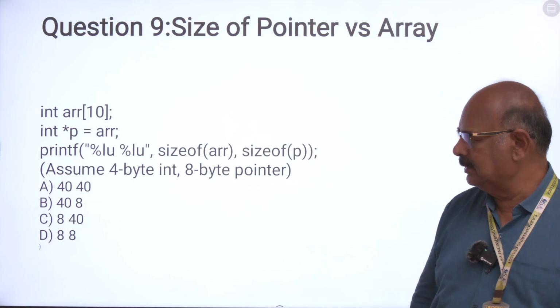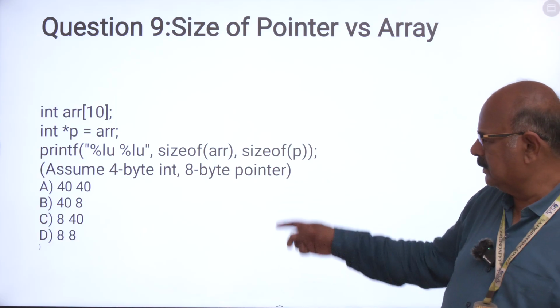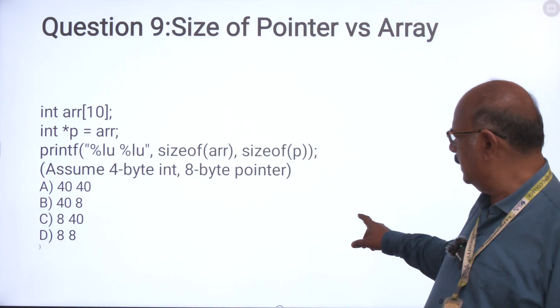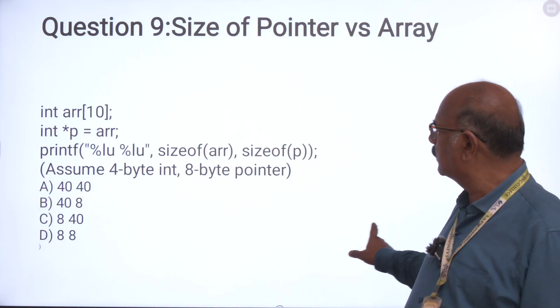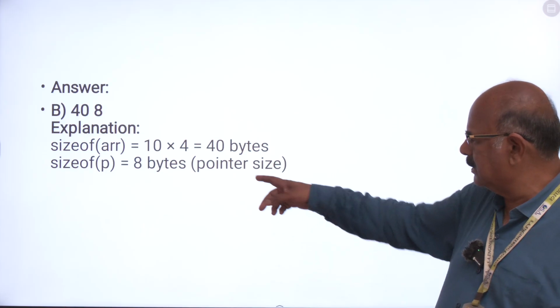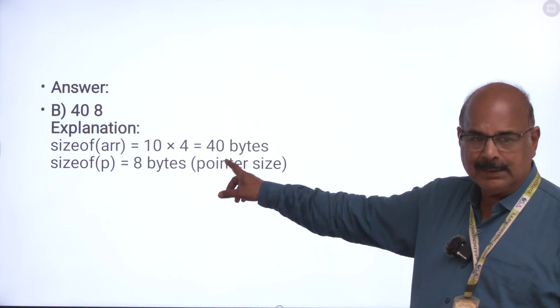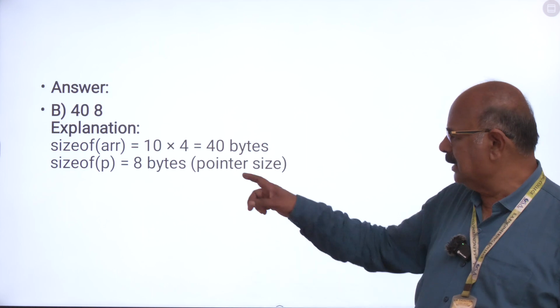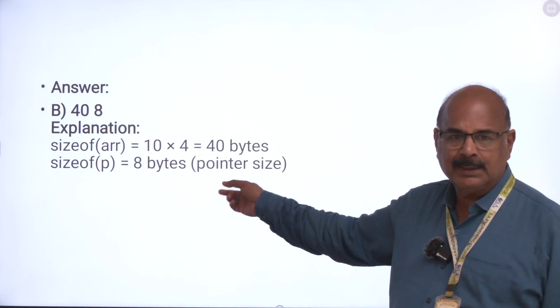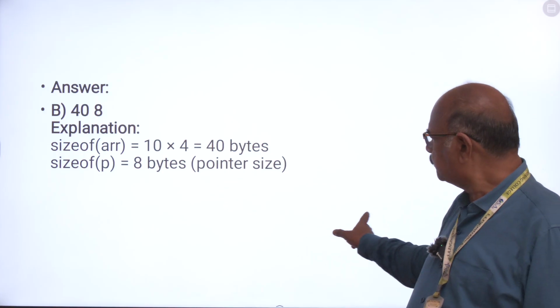The options are 40, 48, 80, and 88. Let us see the answer for question number 9. The answer is 48. How it comes: the size of the array is 10 times 4, so 40 bytes. The size of p, the pointer, is 8 bytes. So 8 bytes is the pointer size here.